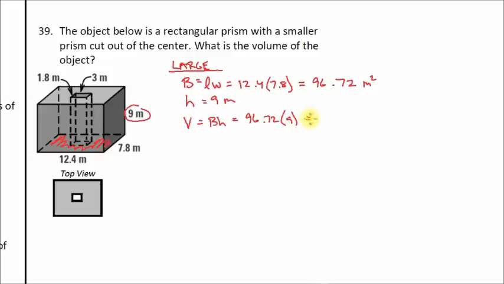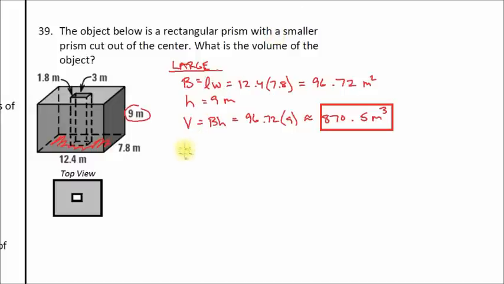So it's approximately 870.5, and that's meters cubed. Now, that's my first number that I'm looking for. I'm going to put a box around that so I don't get that lost.